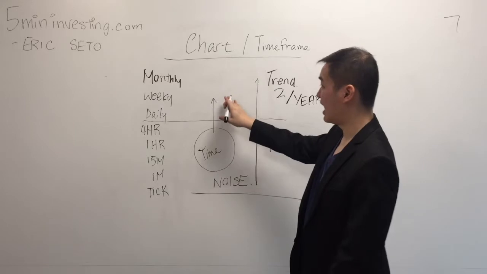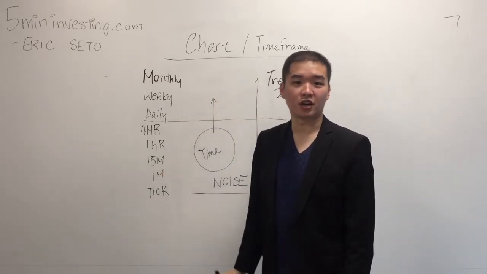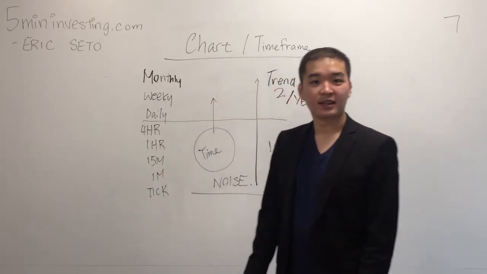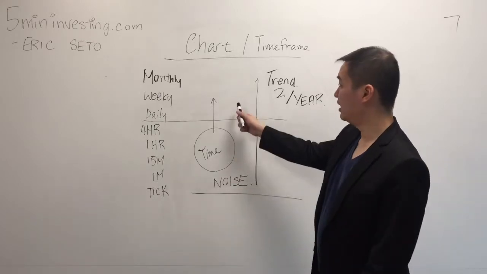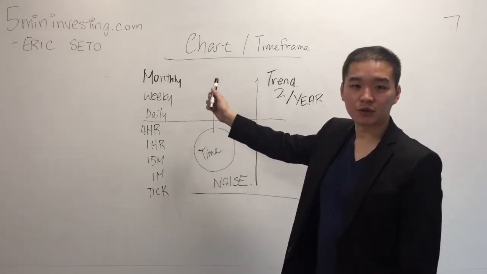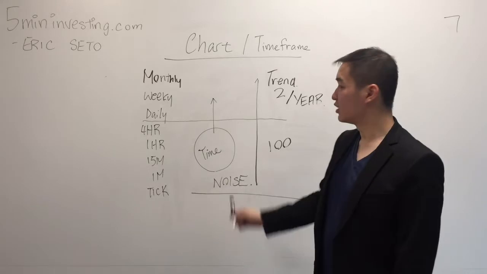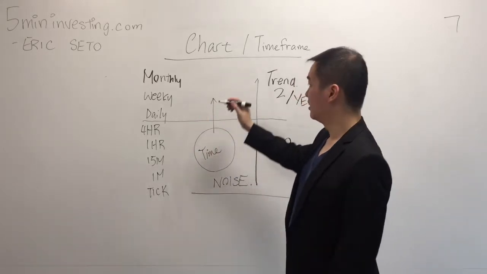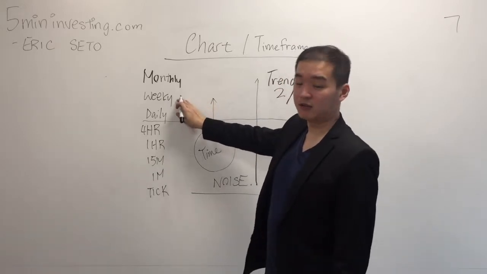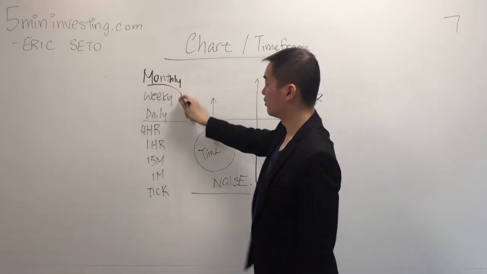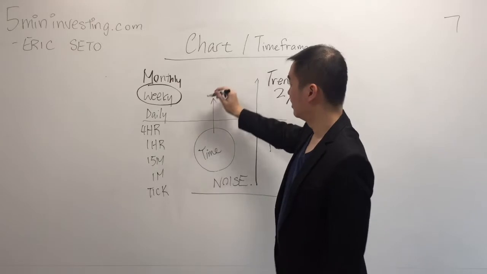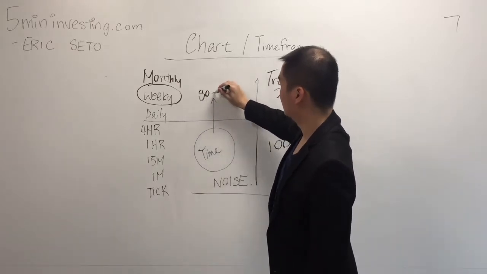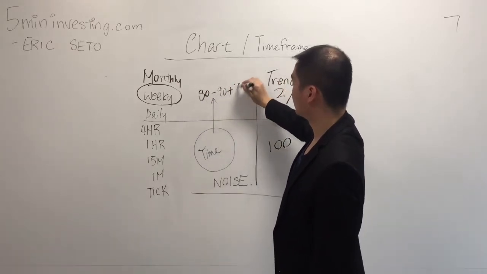I'm not getting a lot of action on the weekly and monthly chart. And guess what? That is fine. Why? Because these opportunities are better. The chance of me succeeding here is higher. In fact, when I invest in anything above weekly, this is the one I use, weekly. My confidence level is 80 to 90+%.